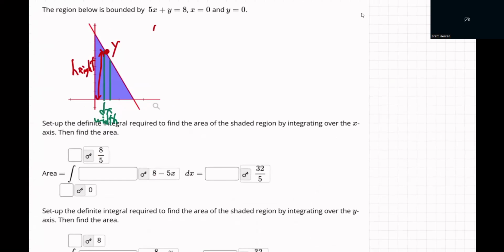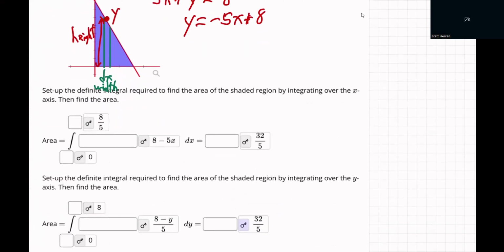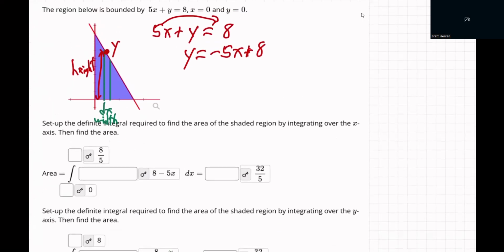And y, if we take this equation, 5x plus y equals 8, if you bump this to the other side, y is negative 5x plus 8. So there we go, this is the height right here. And that's the same thing as negative 5x plus 8 or 8 minus 5x, same thing.